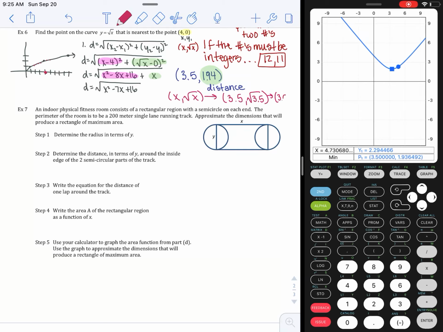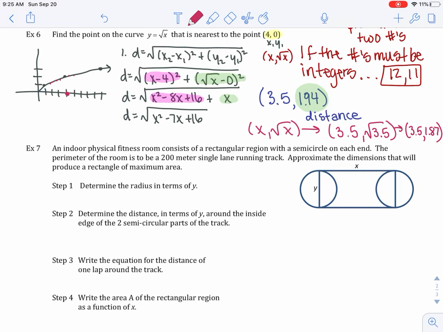So (3.5, 1.87). Make sure you remember to plug in that x value, and you understand that that y value that's given from the minimum is the distance, okay? So our final answer then is this coordinate.